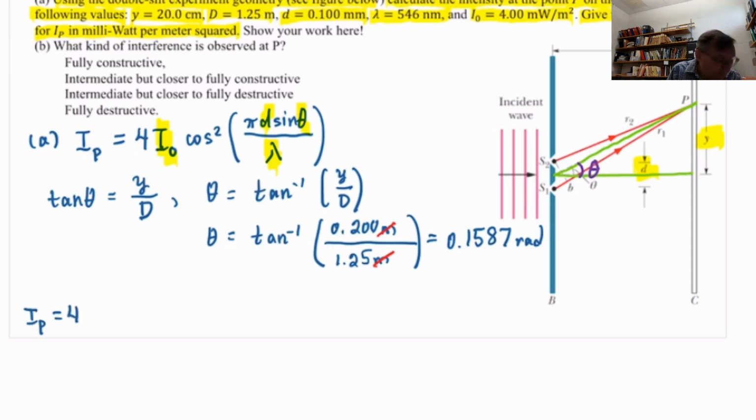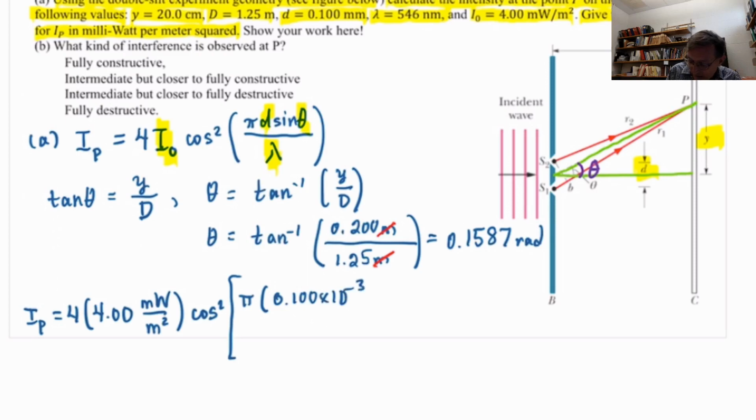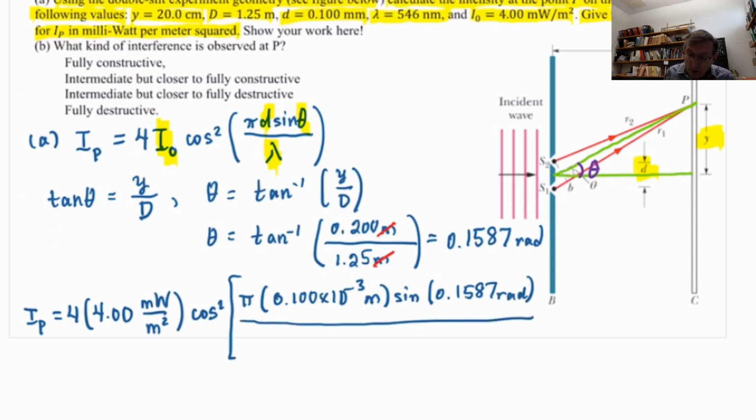IP equals 4 I0, 4 milliwatt per meter squared, times cosine squared of pi little d, now put in consistent units, 0.1 millimeters is 0.1 times 10 to the minus 3 meters, times sine of the theta we just found, 0.1587 radians, over lambda, the wavelength, 546 nanometers, 546 times 10 to the negative 9 meters.